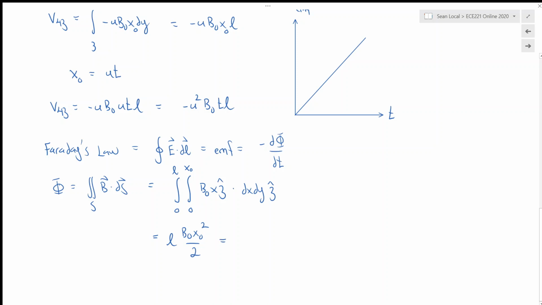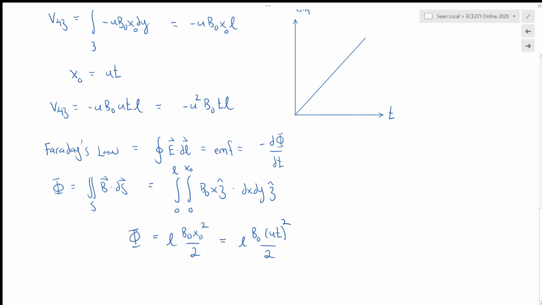And we can write this because we have an expression relating x naught to velocity, so this is L times B naught times u times t squared over 2, and this is our total magnetic flux.